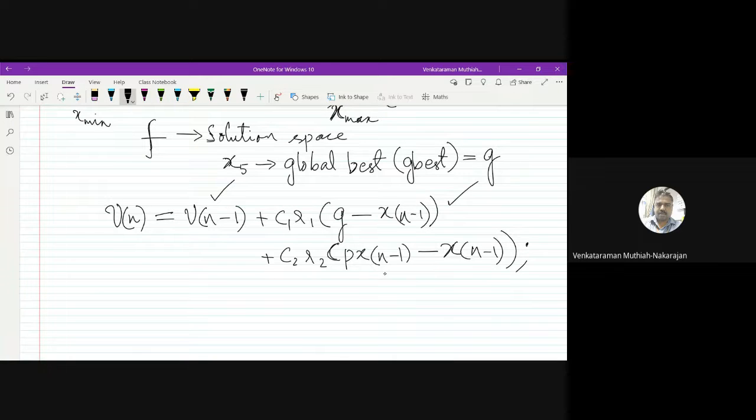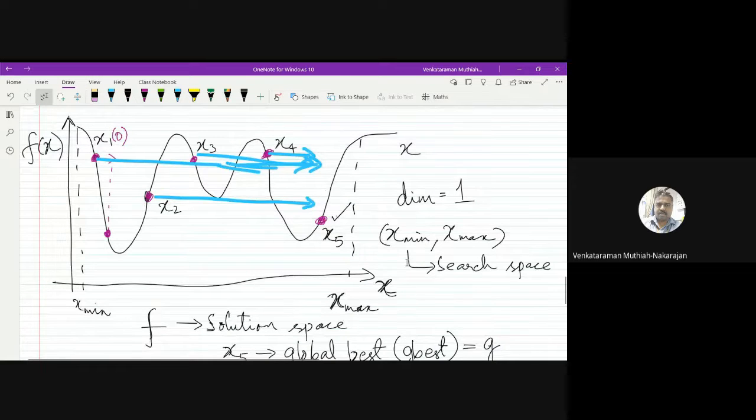And the third component is that you move towards the personal best of the individual particle. X1 has been moving around over the search space, and if the best performance X1 has ever reached is only this, and it cannot reach any further, you also try to move X1 towards its personal best, its own best that it has ever reached.